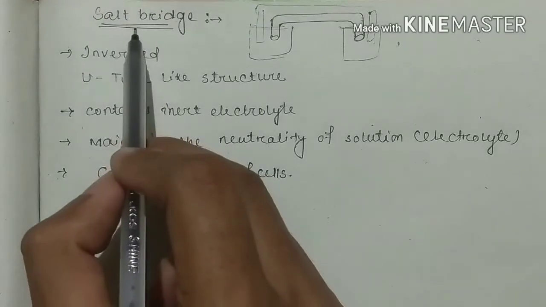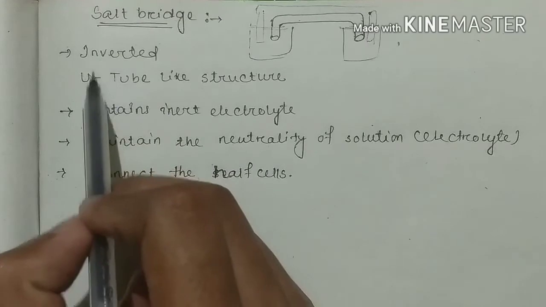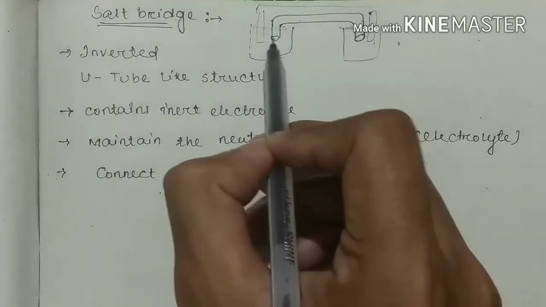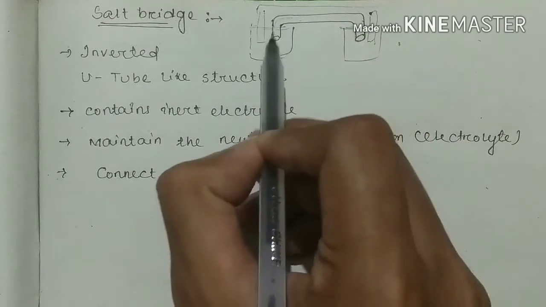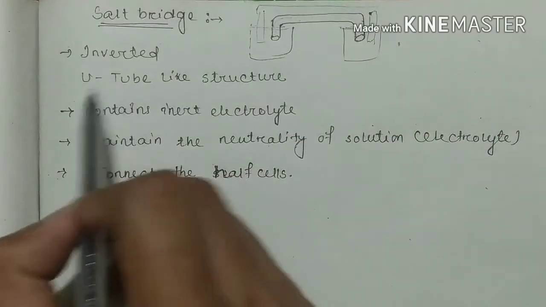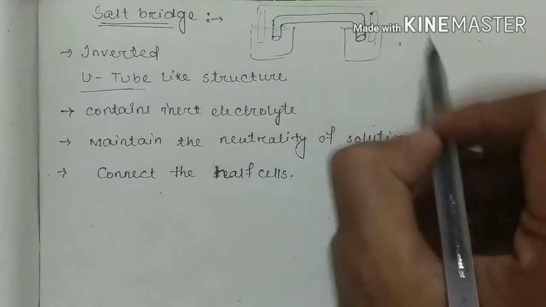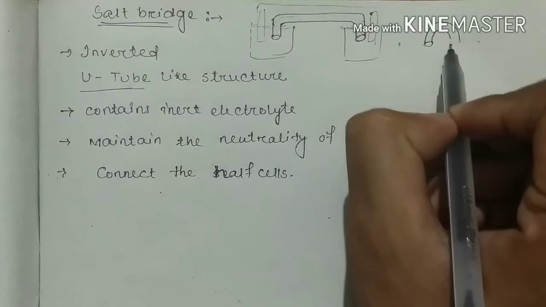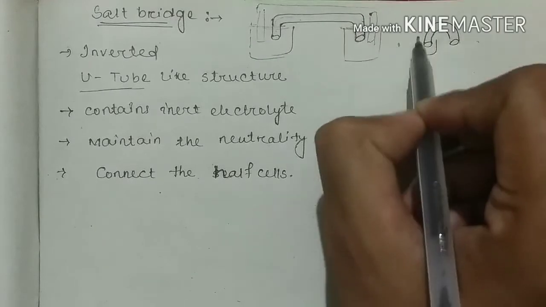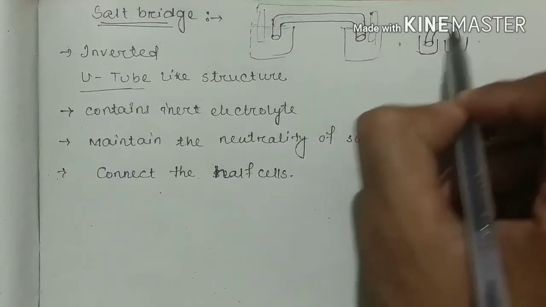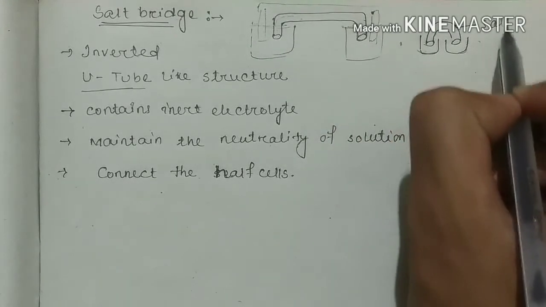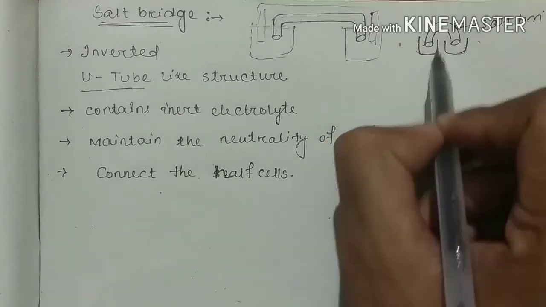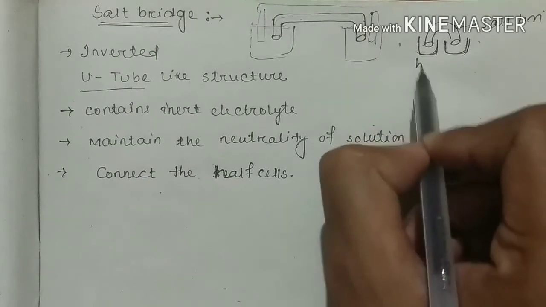It looks like a U and it is a tube, which can connect to the beaker or half cell.